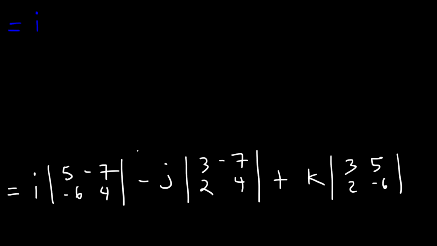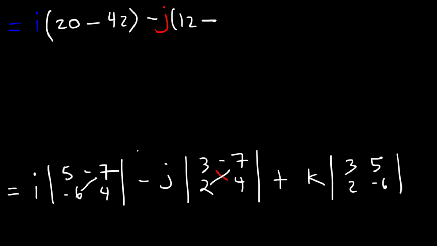So the first one, it's going to be 5 times 4, which is 20, and then minus negative 6 times negative 7, that's positive 42. And then we have minus j, and then 3 times 4, that's 12, minus 2 times negative 7, which is negative 14.